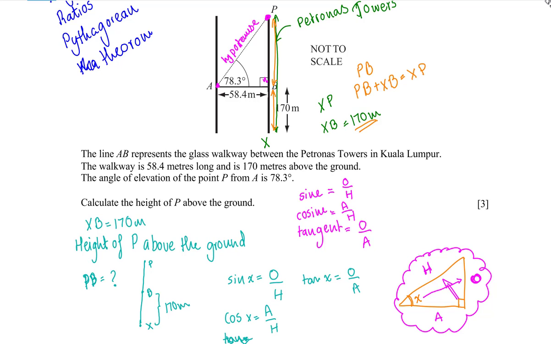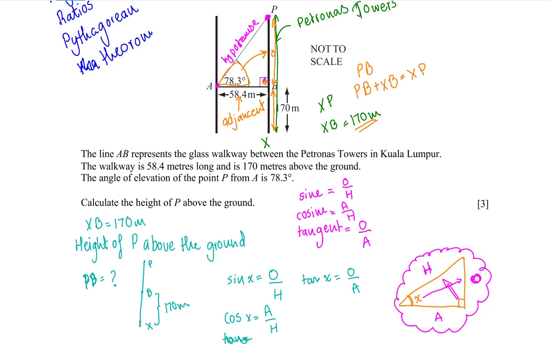Okay, now we need to know which ratio do we use. We're going to use the normal ratios, not the inverse ratios, which is a different topic. We have the angle over here. Now we don't know the hypotenuse, and we don't know the side that is opposite to it. We do know this side is adjacent to angle 78.3, and it's a right angle triangle.